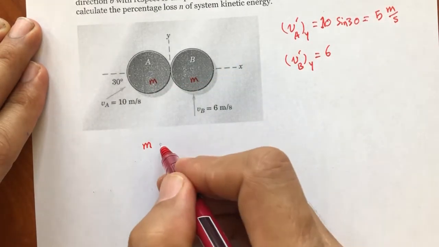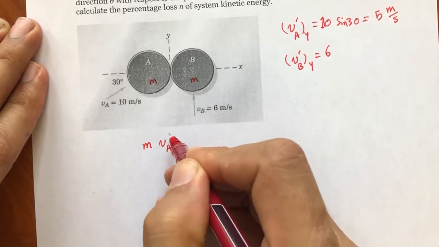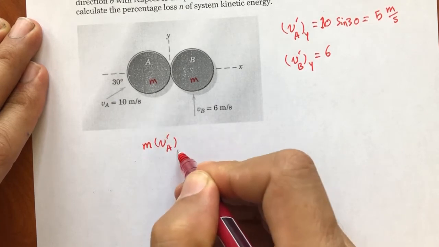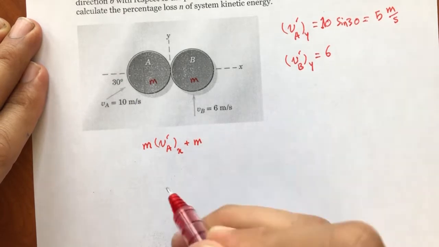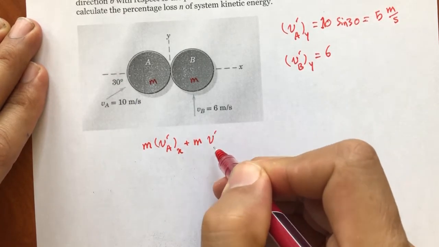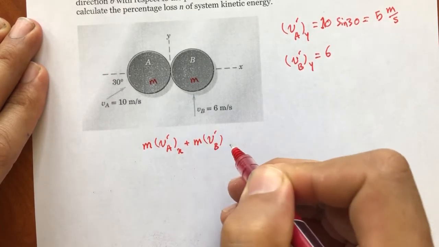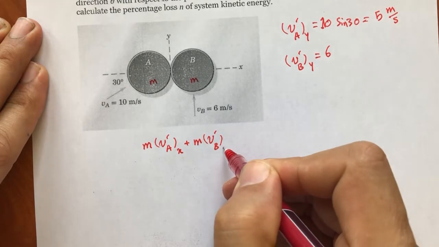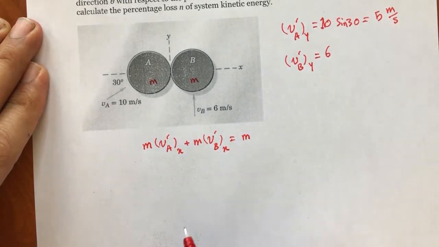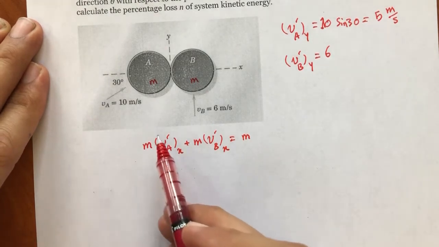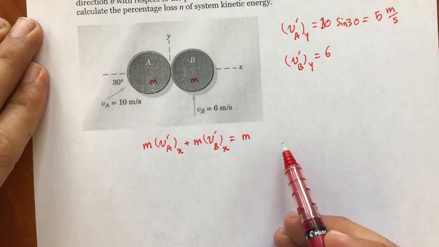So m times velocity of A after impact in the x direction, or normal direction, plus mass of B times velocity of B after impact in the x direction, is going to be equal to the velocity of each of them times the mass in the normal direction before impact.